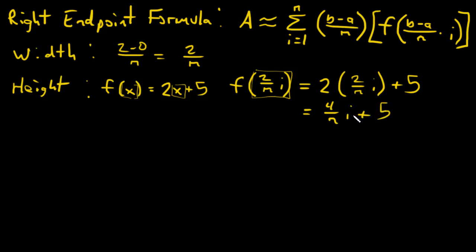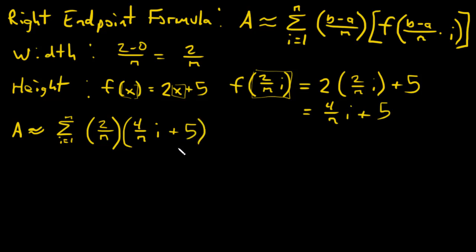Okay, so my area is going to approximately equal the summation i equals 1 to n of my width, 2 over n, times my height, which, when I feed it into the function, is 4 over n i plus 5. Okay, so I've got it all set up now.